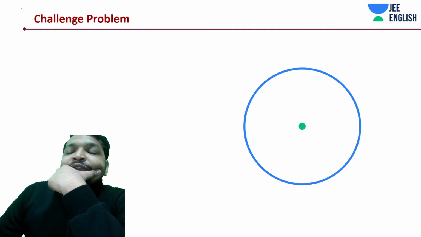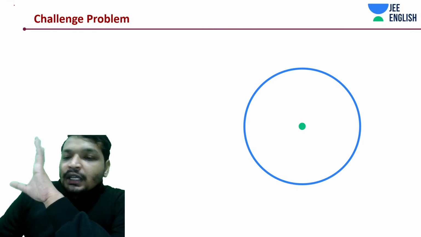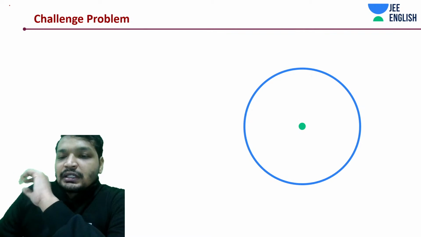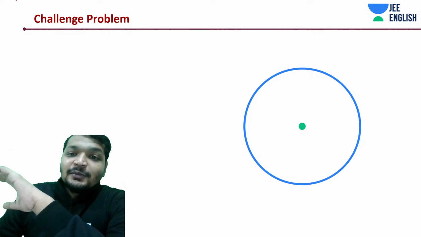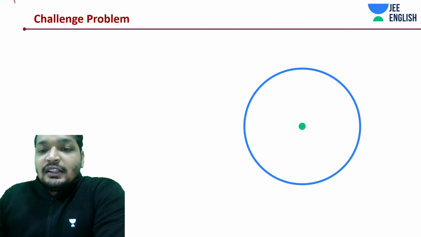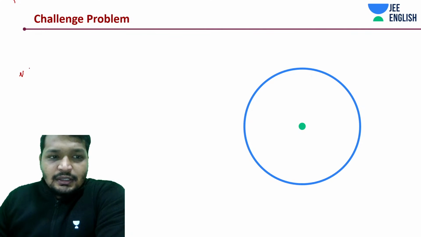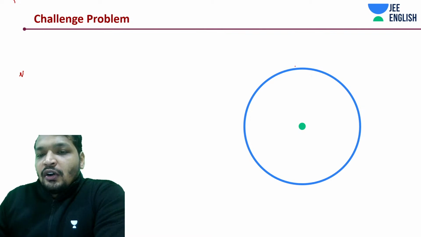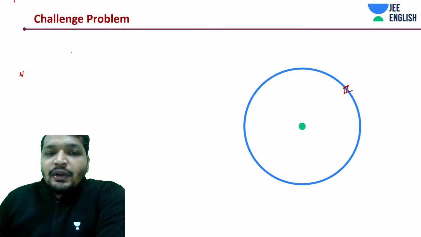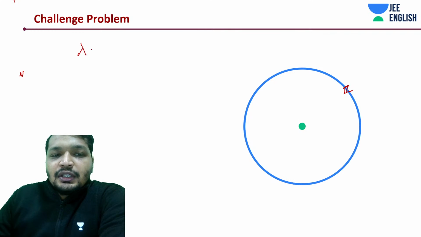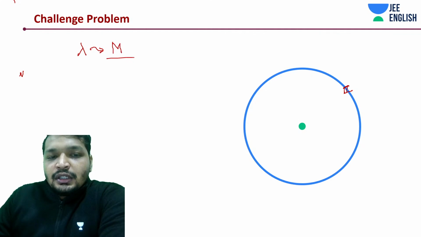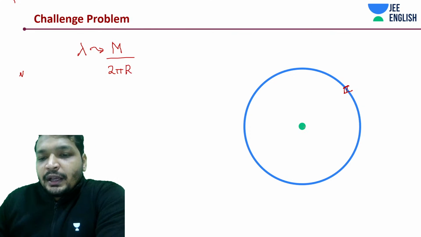Okay, one thing you need to understand is that if it's a uniform charge distribution all along this ring, a uniform mass distribution all along this ring, then even if I take a small element, it would have a uniform mass distribution. What is lambda? Lambda is equal to m divided by 2 pi r.